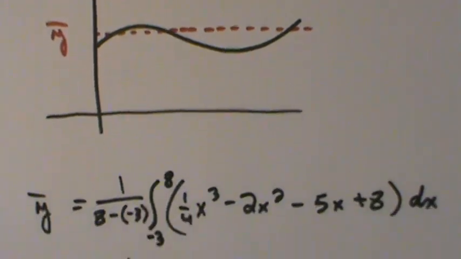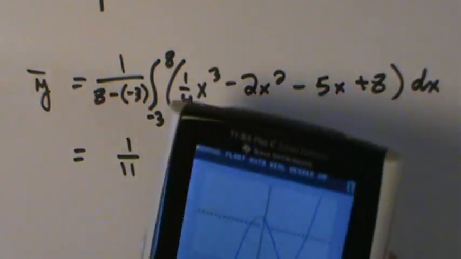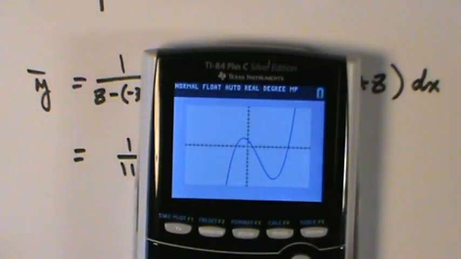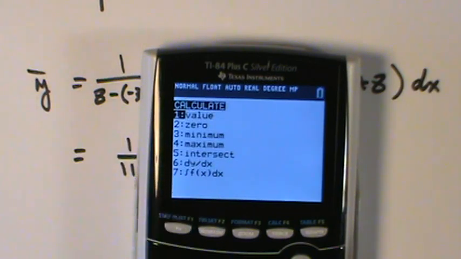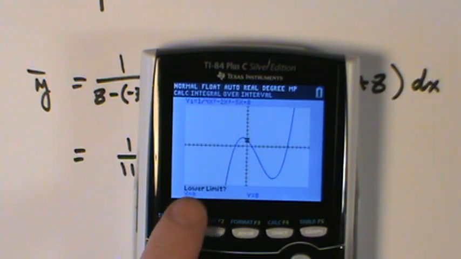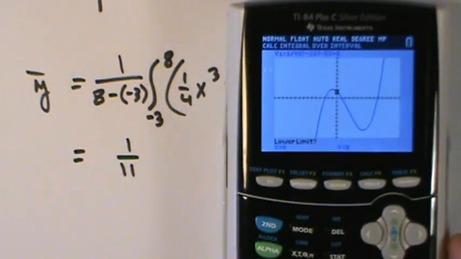Now I'm going to let my calculator do all this work for me, and I'll show you how we can have the calculator do this. I simply go to second calc, to that calc menu. I'm looking at option 7 there where it says to integrate, and it'll ask what is the lower limit and what is the upper limit. Limits and boundaries are the same in this sense. So I'm going to start at -3, and I want to finish at 8.